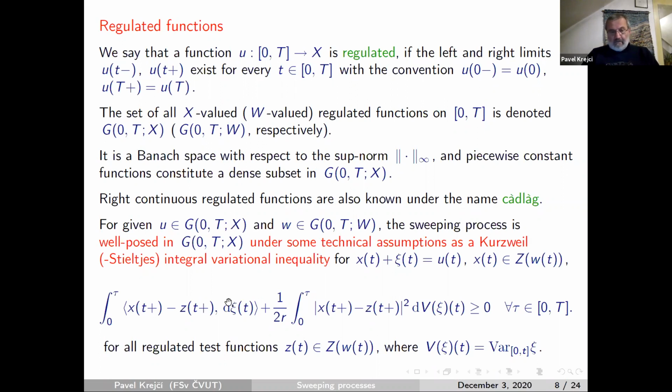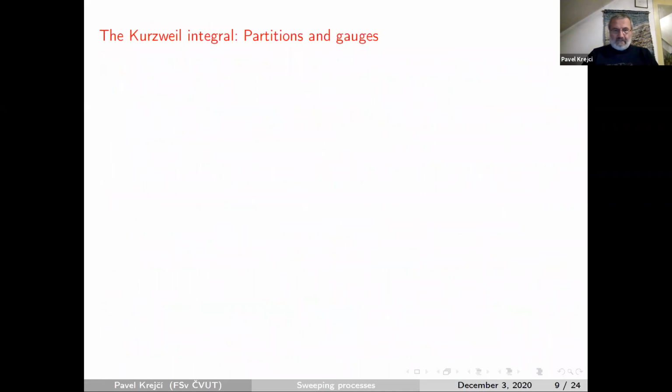Here dxi stands for xi dot, and dV of xi stands for the absolute value of xi dot, so V is the variation of xi. And this is the Kurzweil integral formulation of the variational inequality. I probably have to make a short introduction to the Kurzweil integral.